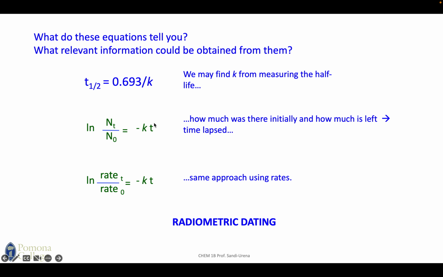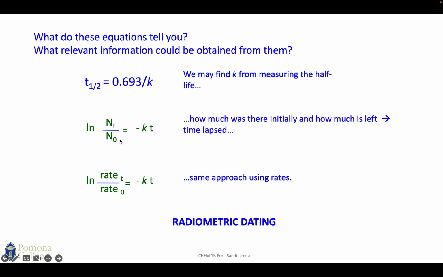And then we have this other expression down here, which we derived from our kinetics introduction. You don't need to understand the math at this point, but it says the natural log of the number of particles at a given time over the number of particles originally present in the sample equals minus the constant times the time that has elapsed. What can we get from this equation? If we know how much we had initially and we know the time that has passed by, we can find how much we have left of that sample.